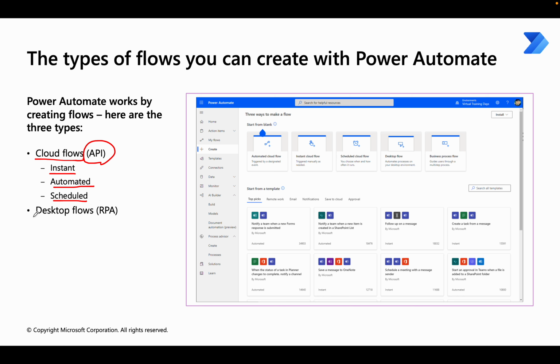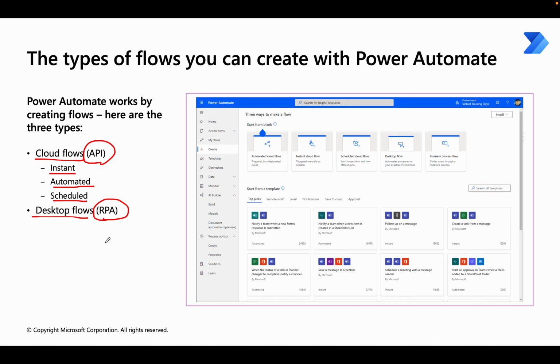For desktop flow, which is the RPA I just mentioned, it's robotic process automation, particularly used on the Microsoft Windows system. For any application you work on in Windows, the desktop flow may simulate the actions a human uses on the Windows system.